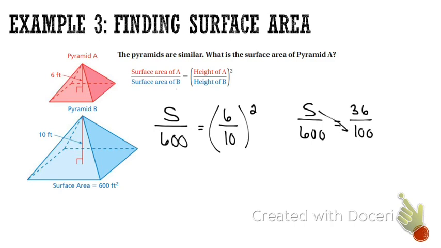When I do my cross multiplication, I get 216,000 equals 100s. All right, so I just did my cross multiplication. Now to solve for s, you could probably guess, divide by 100.